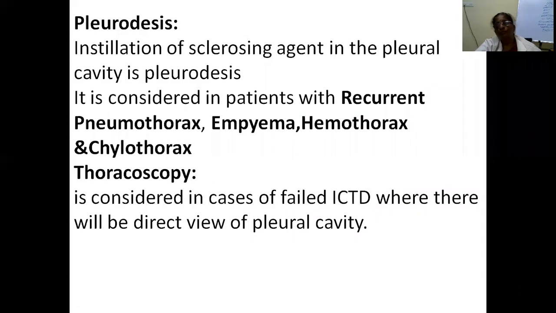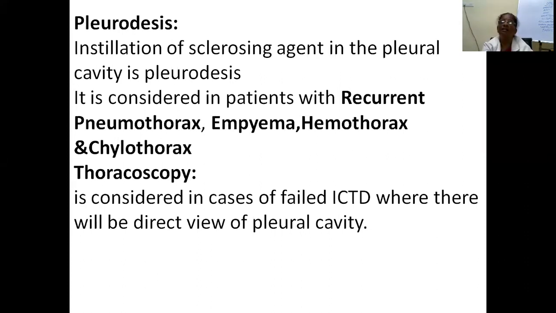Okay, next. Another thing that I have told you is pleurodesis. When there is empyema, we'll go for pleurodesis. Once the empyema cavity is completely drained out, once the pleural cavity is free of fluid, we should introduce a chemical, a closing agent, into the pleural space to close the pleural cavity.